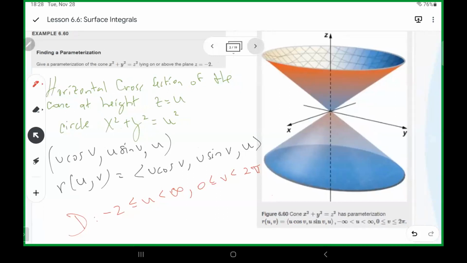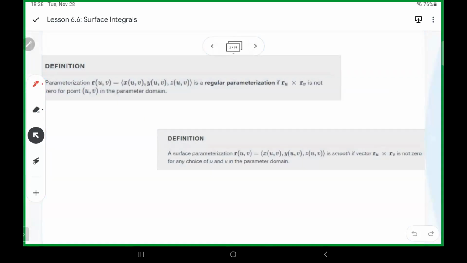All right, we have a set of notes, two definitions.